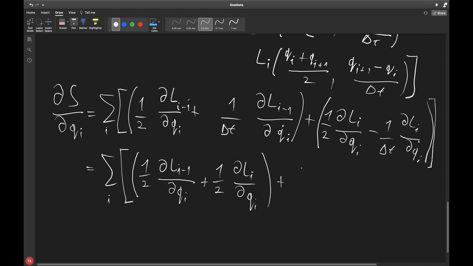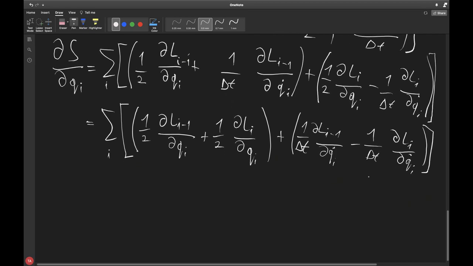Then I have these terms with the 1 over delta t of L_{i-1} derived by q_i dot minus 1 over delta t of the derivative of L_i by q_i dot.